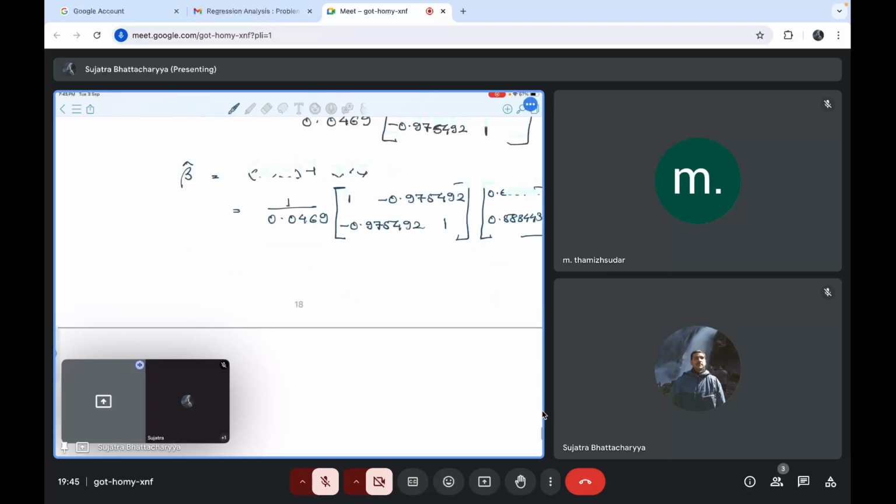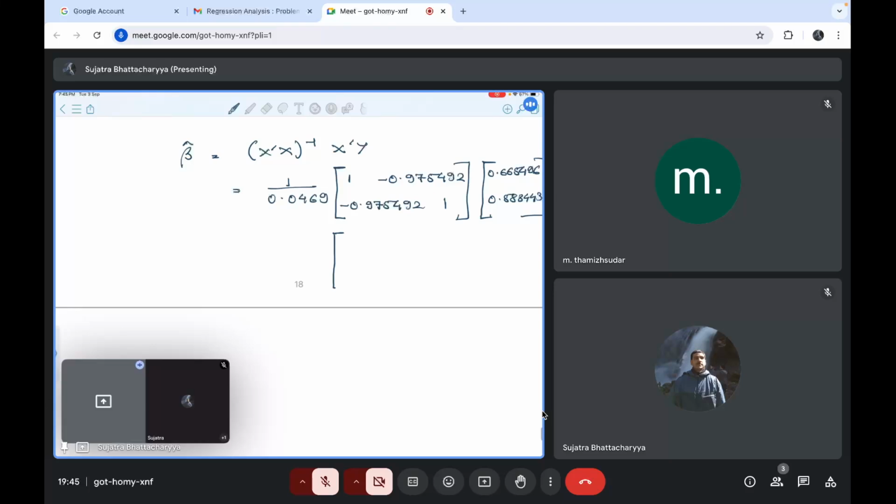Once you do it, your beta comes out to be 2.0506 and minus 1.416. These are the beta values.